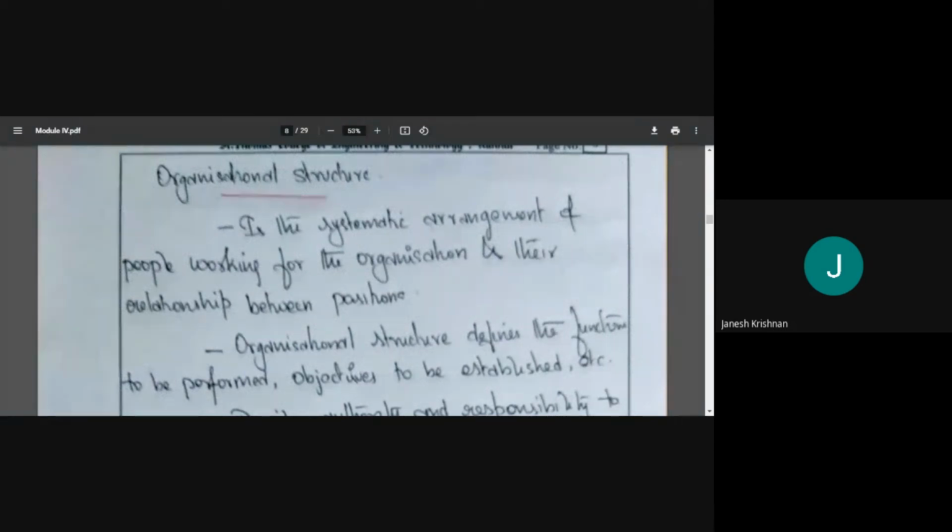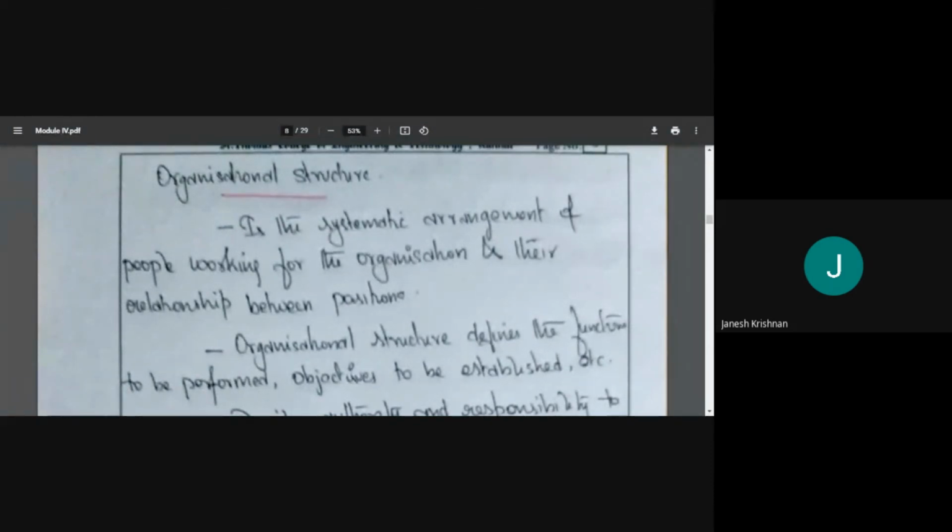So you will give a letter to the guide. The guide will forward the letter to the staff project coordinator. If it is okay, he or she may grant it. Sometimes they might have to go to the principal or the HOD. So that is the organizational structure.